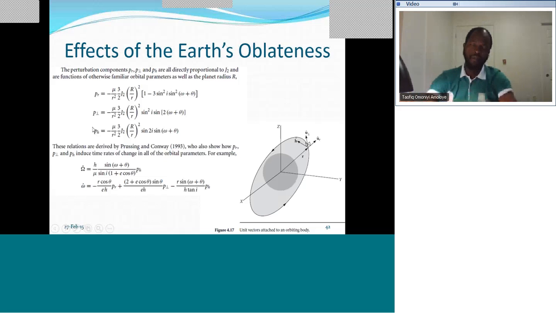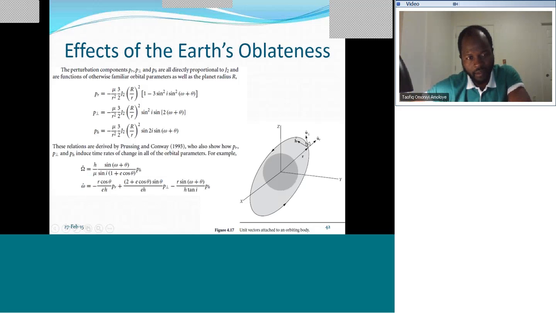And then the perturbing acceleration also induces some time rates of change in all the orbital parameters. For example, the time rate of change of the right ascension is given by the equation here, and the time rate of change of the argument of the perigee is given by the equation here.